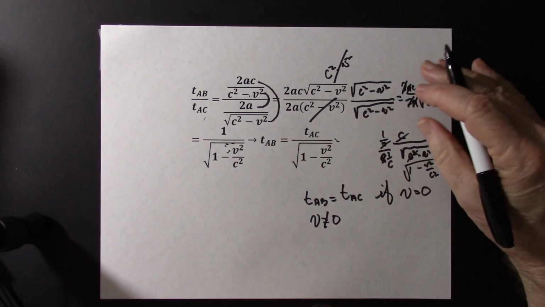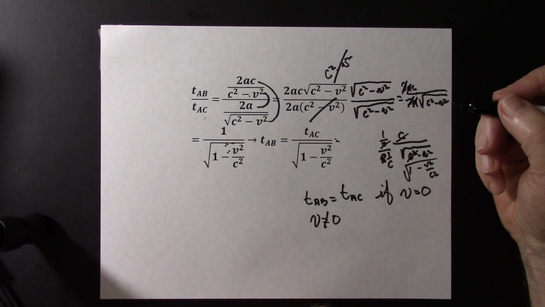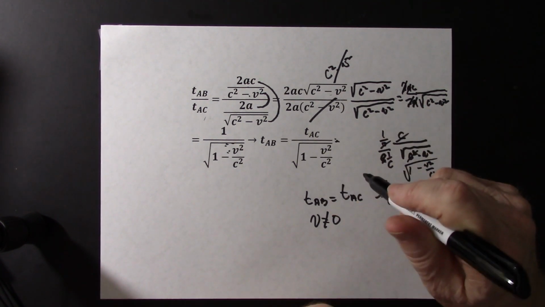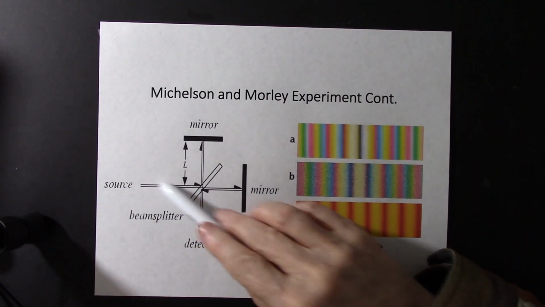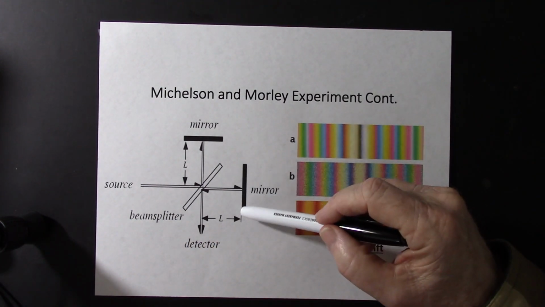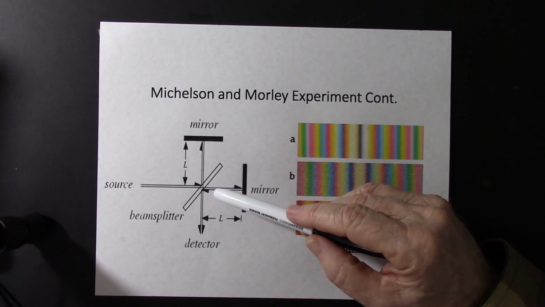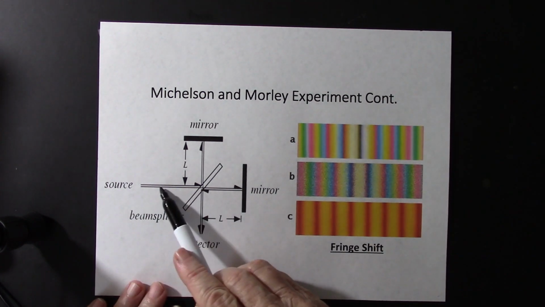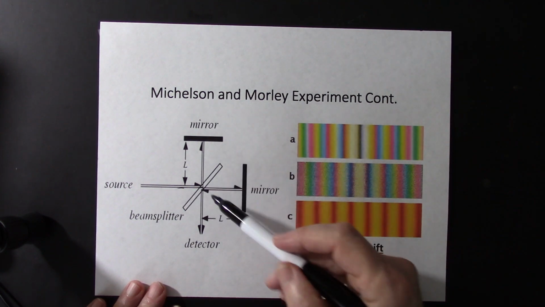And that was the logic that Michelson and Morley used to build their device to test to see whether the ether existed or not. Here's a schematic of the device that the scientists used to test to see if the ether existed. How this works is that they send a source of light through here, and then they split it into two beams.